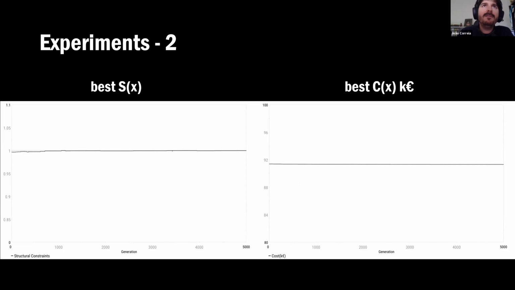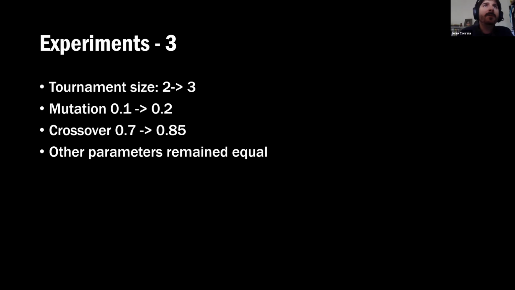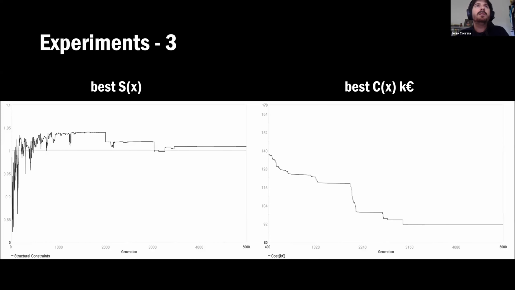But then we tried to be a little more aggressive with the evolutionary part to create more selective pressure, and eventually, without the baseline in the population, we arrived at some better solutions in experiment 3, but at the cost of the structural constraint value being a little above the recommended value.